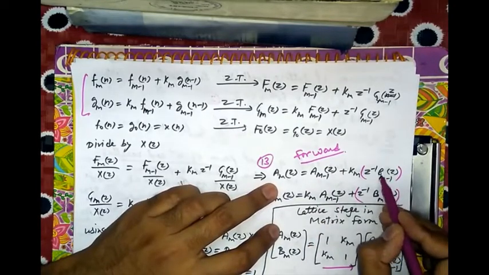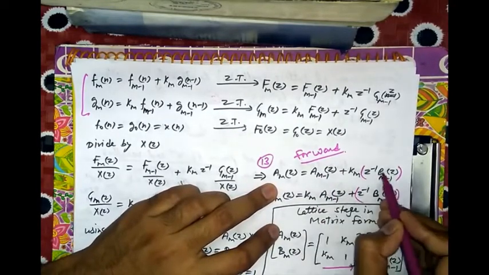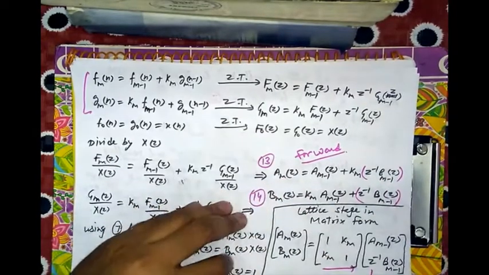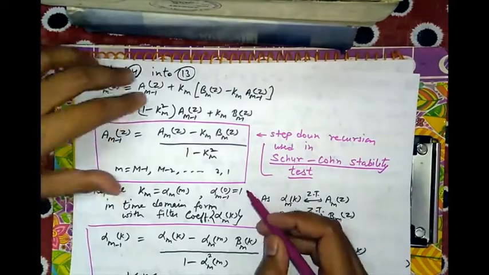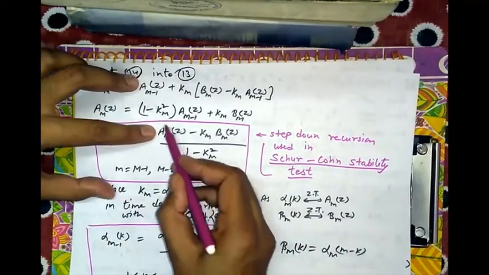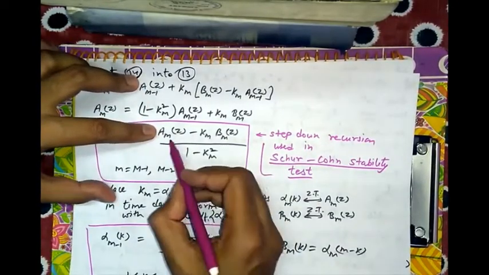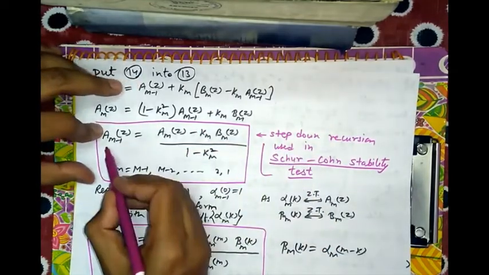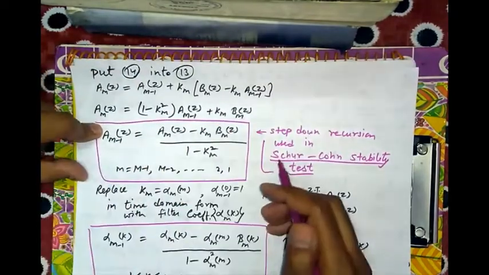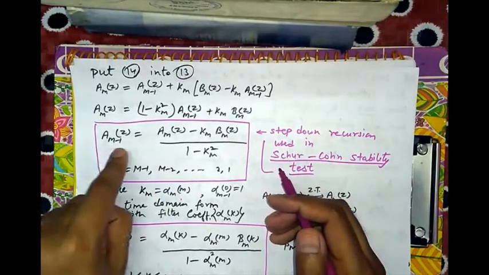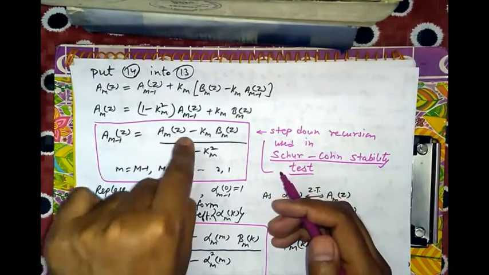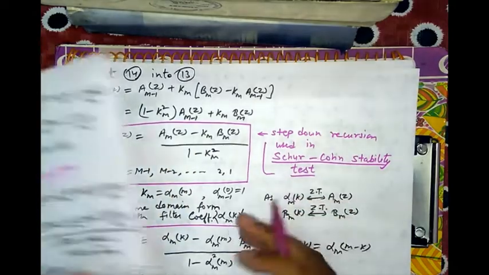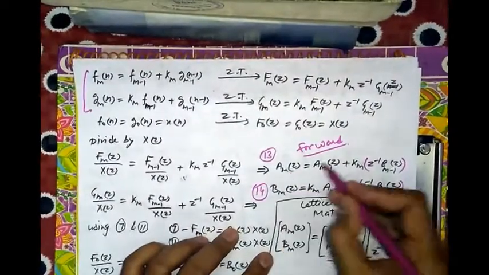values A_2(z) and B_2(z). It means A_2(z) and B_2(z) correspond to the past value, and the forward value is the present value. But in this one, we have the present value and we will find the past value. Suppose A_3(z) and B_3(z) we know, and then we will find A_2(z). It is in the reverse direction. In this case, we are calculating A_2(z) with the help of A_3(z), and in the other case we are calculating A_3(z) with respect to A_2(z).